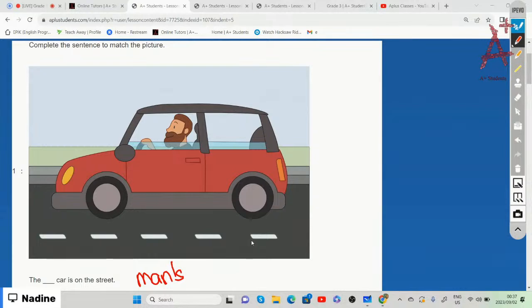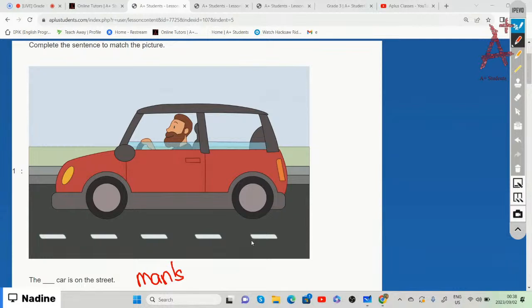But just before I end, just know that possessive nouns show a form of possession, where a person, place or thing owns something or has something.